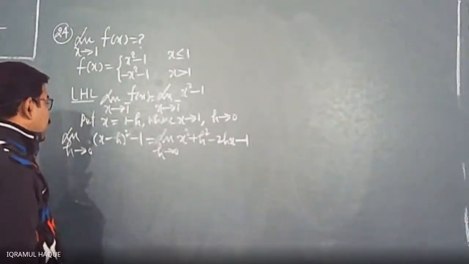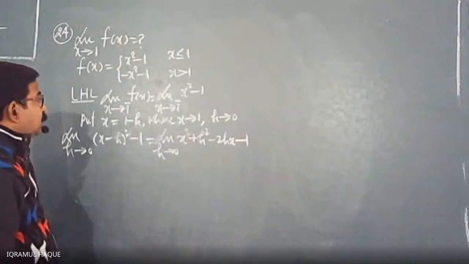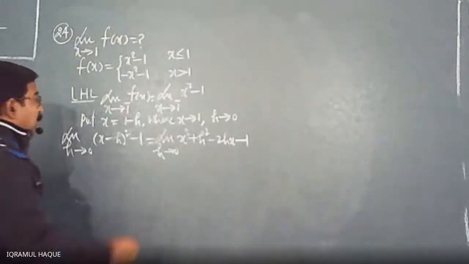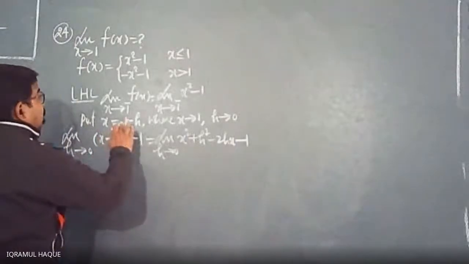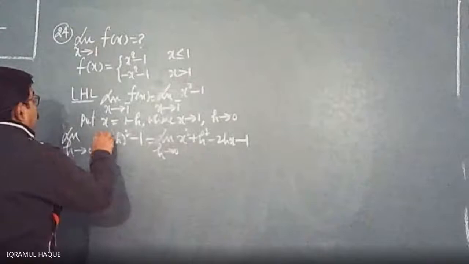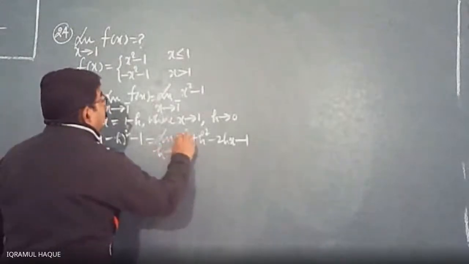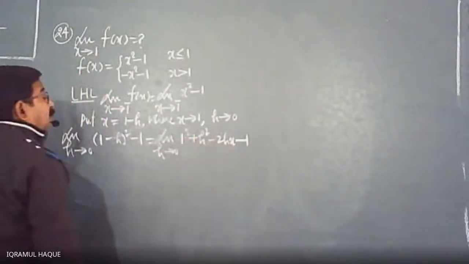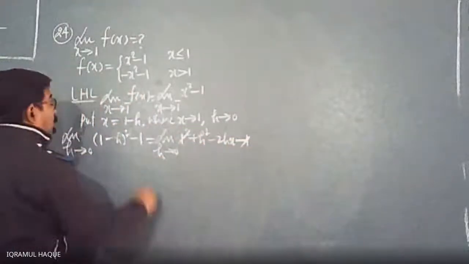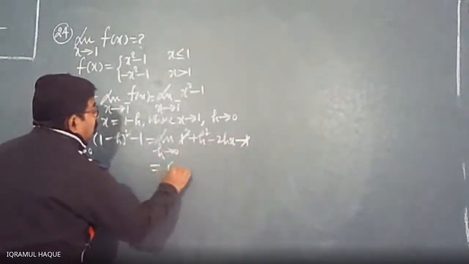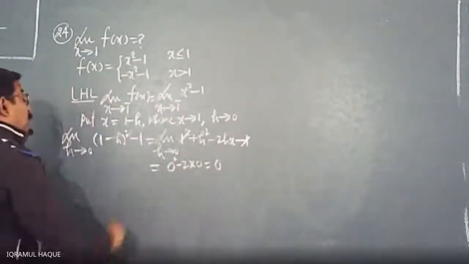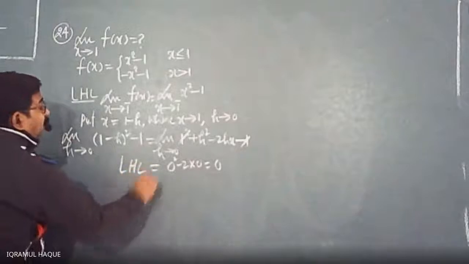Sorry, the limit is 1 minus h. This is 1. So we have 1 minus 1, 0. Put h is equal to 0. So what we have here? 0 square minus 2 into 0 is equal to 0. So LHL, we have got 0.